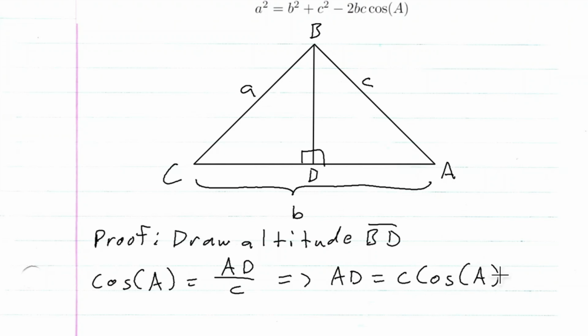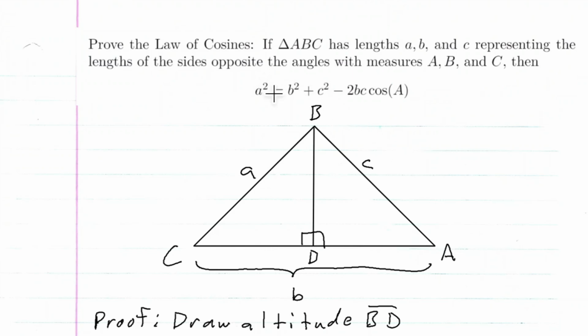Okay, so now in the formula that I'm trying to derive, I see that there's an a squared. So if I think about the Pythagorean theorem for a second, I know that CD squared plus BD squared is equal to a squared. So maybe I can use that knowledge to figure out a squared and reduce some stuff to get the right-hand side of this equation.